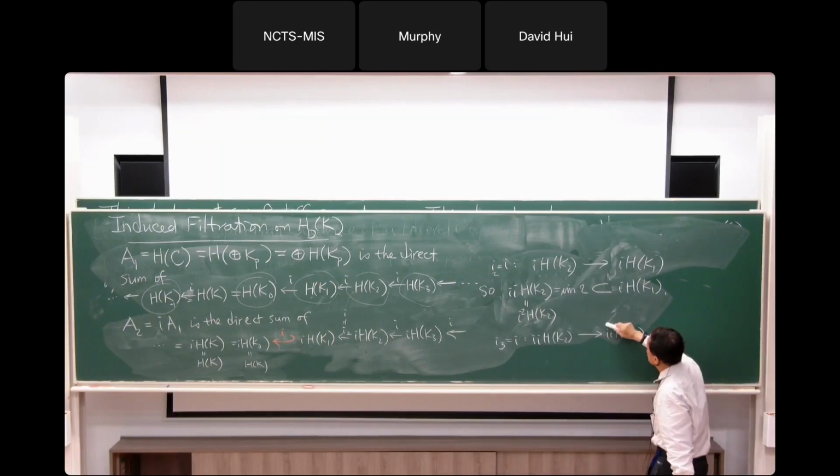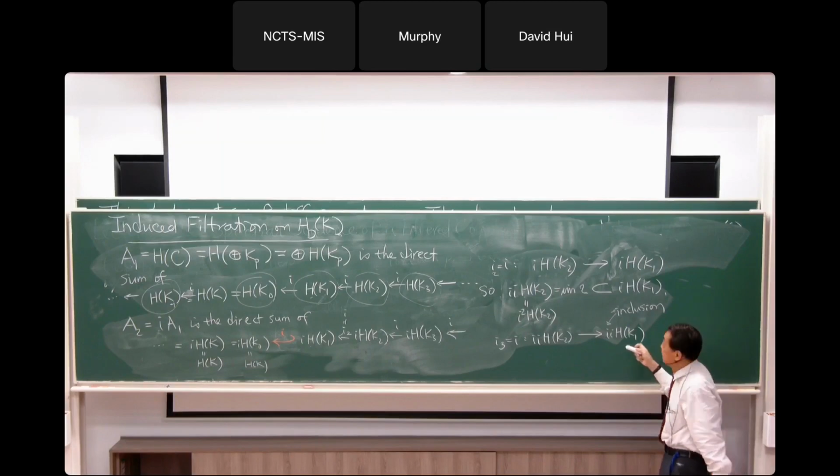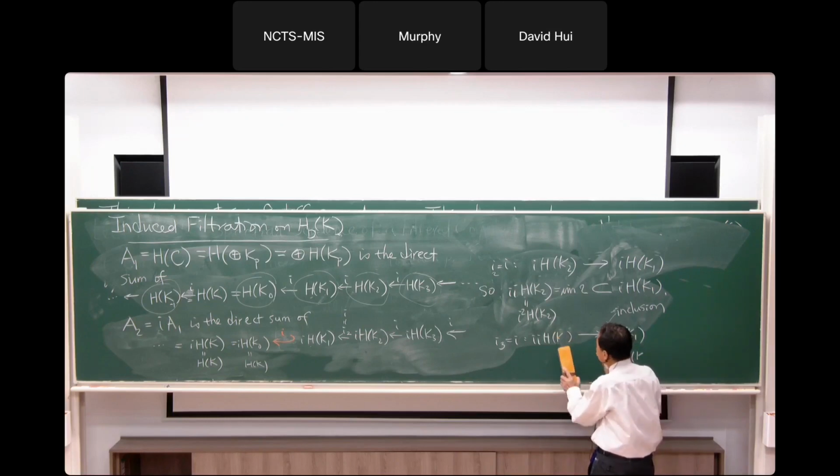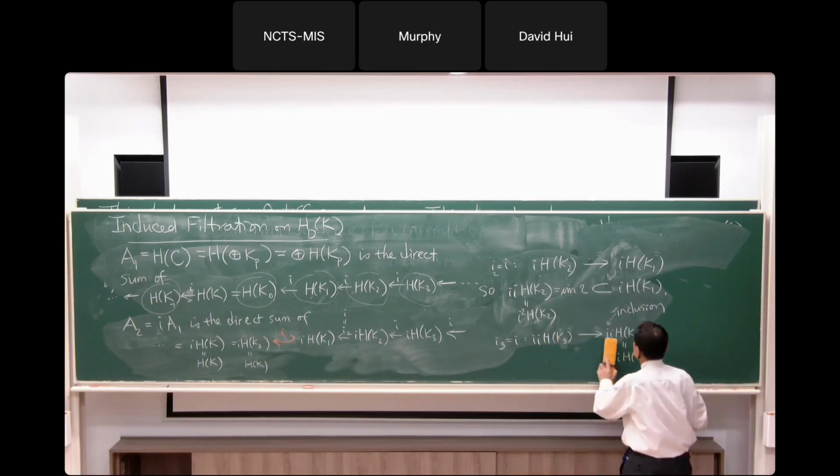But because this first I is an inclusion, it doesn't do anything. Now I want to look at K3 into K2.